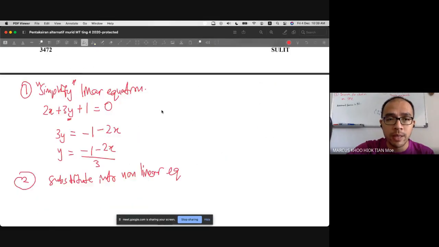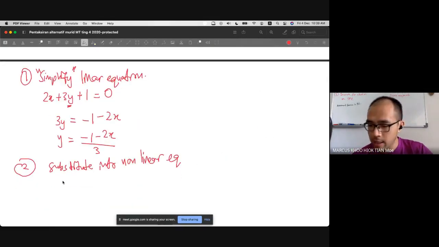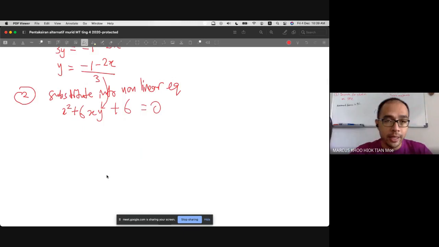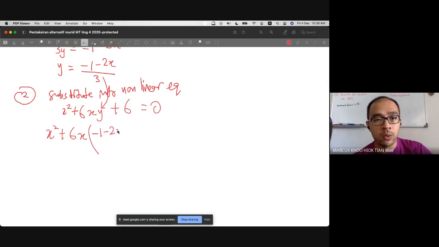Okay, so x squared plus 6xy plus 6. X squared plus 6xy plus 6 equals to 0. So when I substitute this into here, okay, what I will get is x squared plus 6x. Okay, then I have all this long thing lah, negative 1 minus 2x over 3 plus 6 equals to 0.